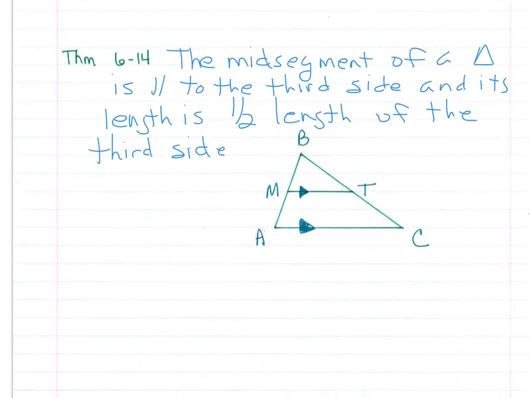So in our diagram, we see that MT is parallel to AC, and the length of MT is going to be equal to AC divided by 2.